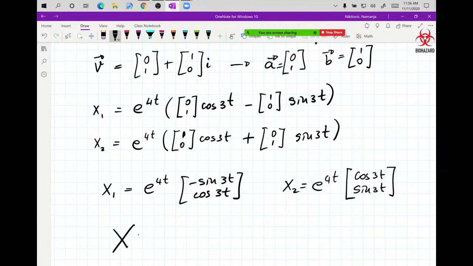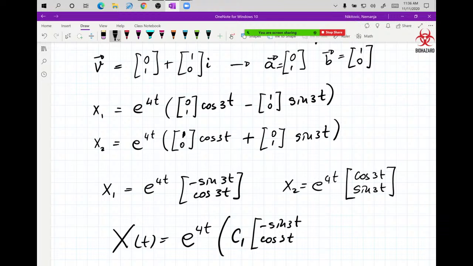So what is the solution for the problem? You can kick e to the 4t outside, and in parentheses you have c1 times negative sine 3t, cosine 3t, and then plus c2 times cosine 3t, sine 3t.